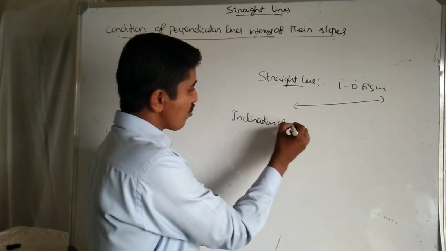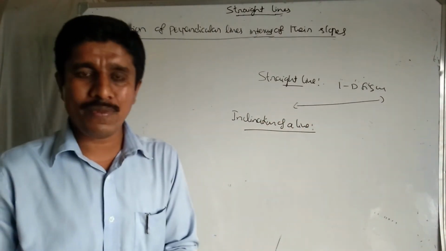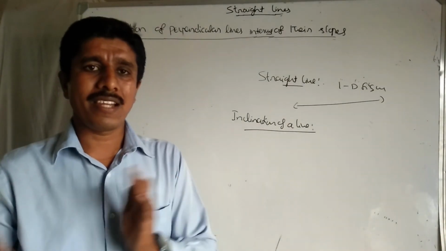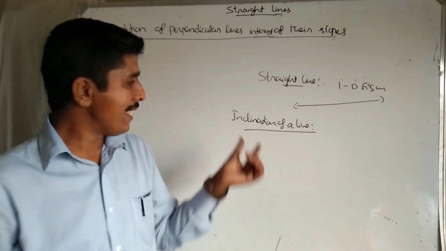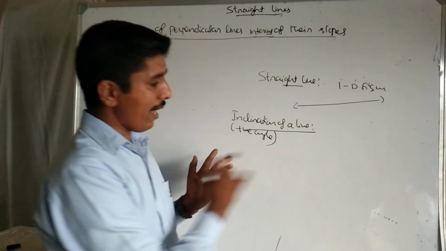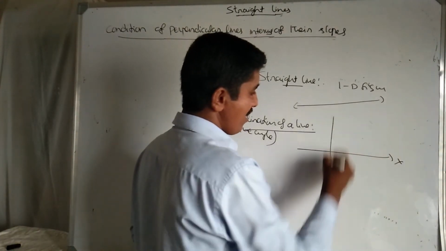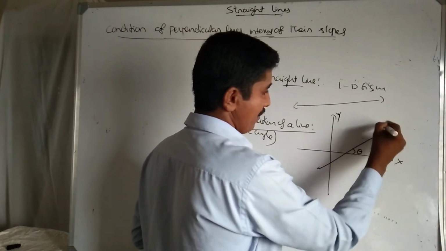I am stressing this concept because it is important. Without knowing these concepts, it is very difficult to understand further concepts. Inclination of the line is nothing but a positive angle. On the x-axis and y-axis, theta is called the inclination of the line.